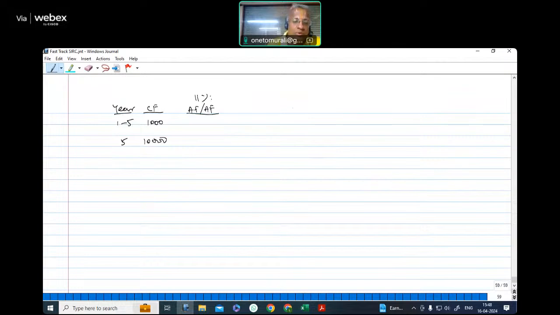I prefer to take about 11% because the face value rate of interest is 10%. I will take the calculator. 1 divided by 1.11 for 5 years: 0.5935.